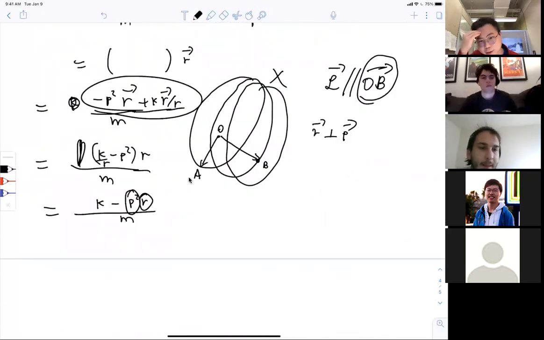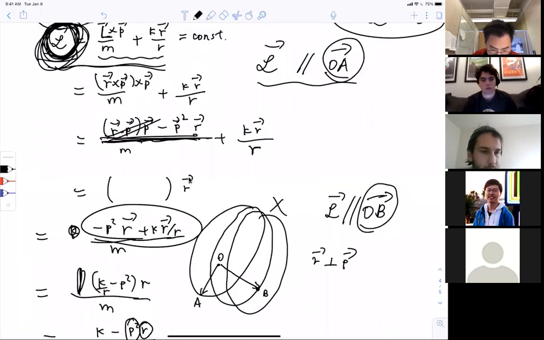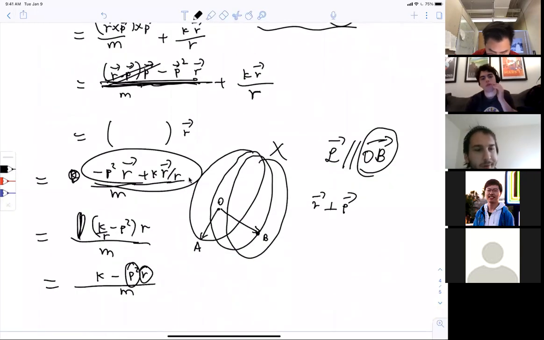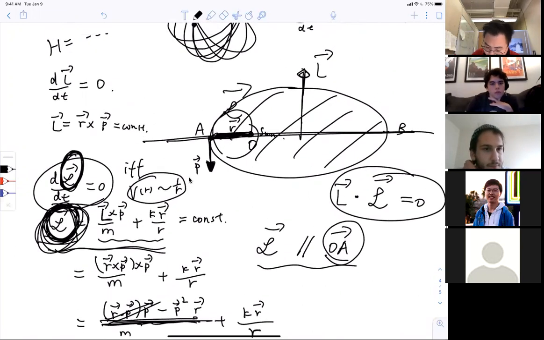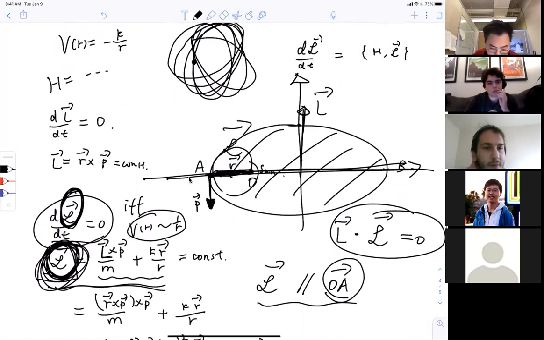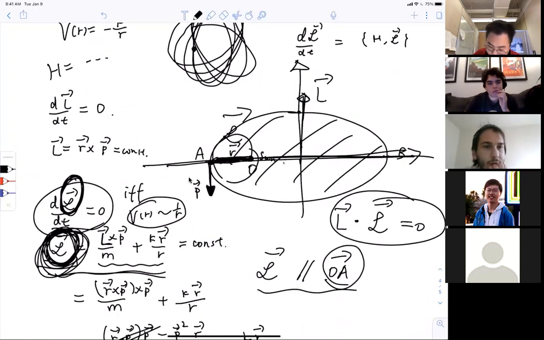So what's your question? I guess my question is that we're expressing the magnitude of L in terms of the dynamic variables like k, p, and m, but can we relate it purely to the geometry of the orbit, like the shape of this oval? Well, we know this is an ellipse, and the equation for this ellipse definitely depends on your parameters in your Hamiltonian.